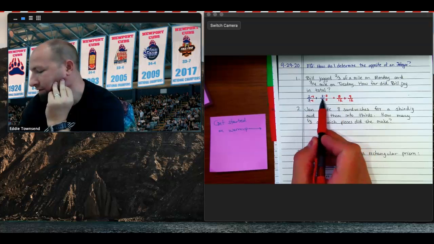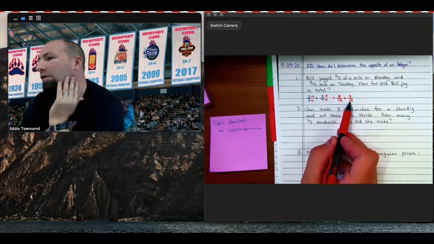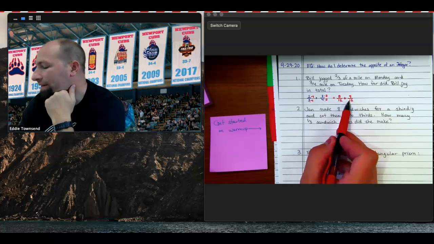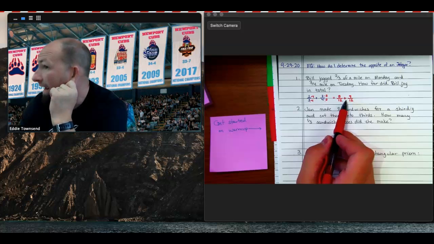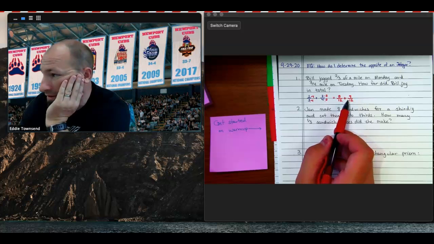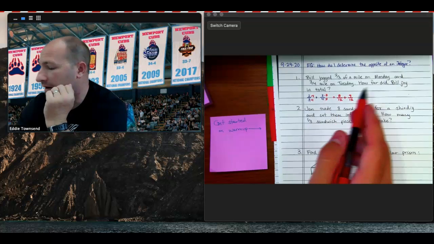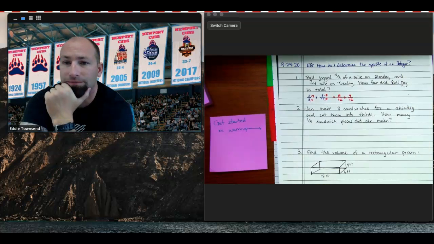And this 3/4 is equivalent to 9/12. And now that we have the same denominator, we can now add them together and we can figure out how many miles he ran.